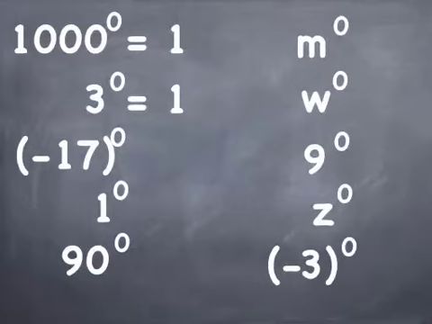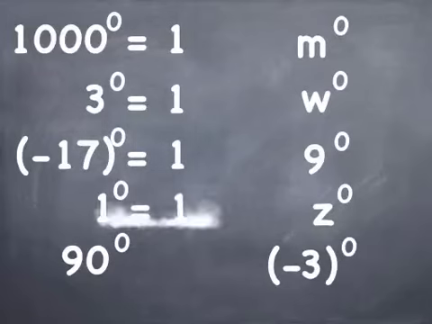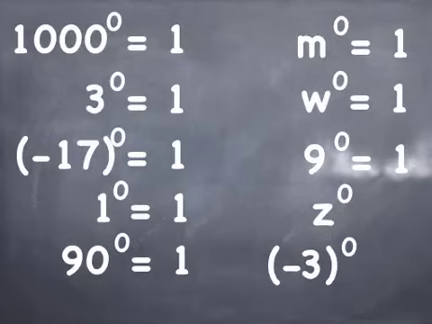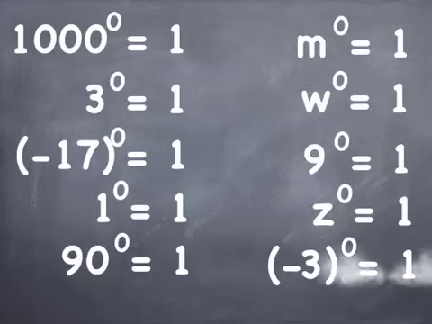If we have negative 17 in parentheses to the 0 power, the answer is 1. 1 to the 0 power is 1. 90 to the 0 power is 1. Even variables, m to the 0 power is 1. W to the 0 power, I know this is annoying, but it's proving that anything to the 0 power is 1. Now, your negatives do need to be in parentheses. If your negative is not in parentheses, then it would actually be a negative 1.